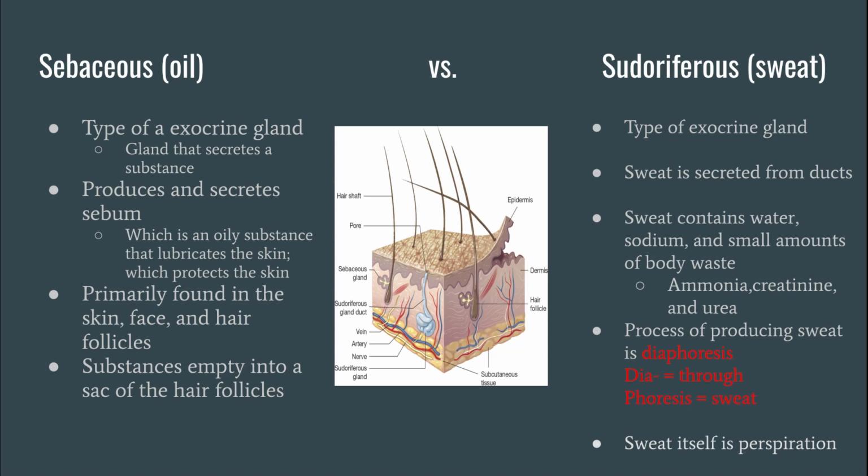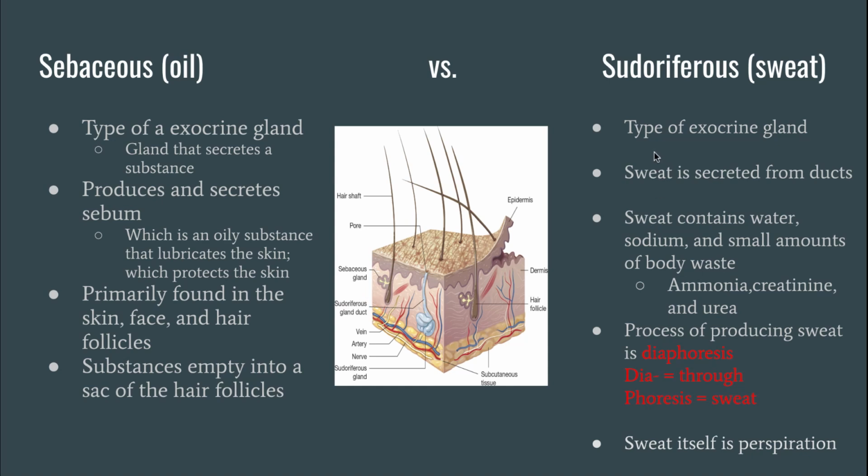The sebum lubricates and makes the skin waterproof, all while preventing bacterial growth and preventing water loss. Any clogged ducts or excessive production within the sebaceous glands may lead to acne or sebaceous cysts. You can see here we have the dermis and the epidermis, which we just covered. And to the left, we have the sebaceous and the sudoriferous glands.